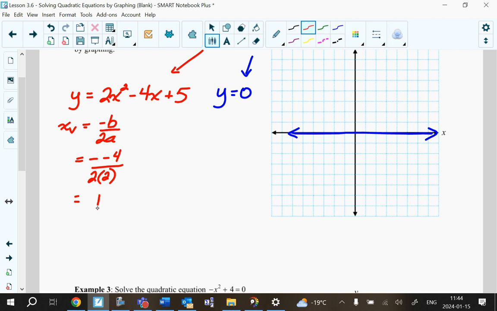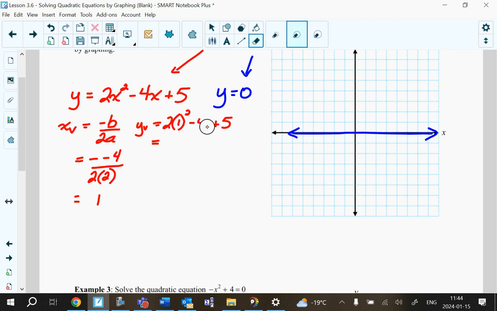The y vertex, we have to plug that 1 back into the quadratic function. So this is 2 minus 8 plus 5.